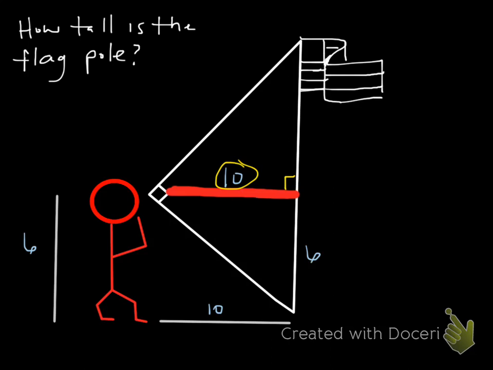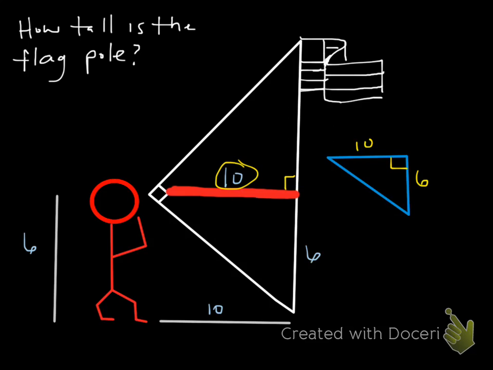So let's break these up into some triangles that we can work with. So here, I have a right triangle. I'm simulating that bottom right triangle. So this is 10. This is 6.